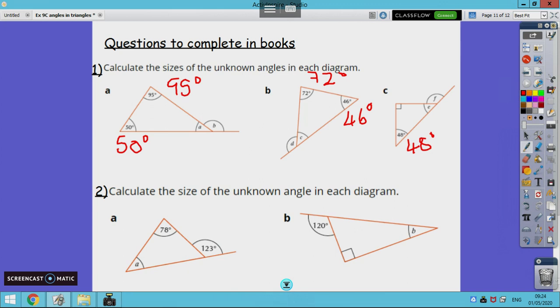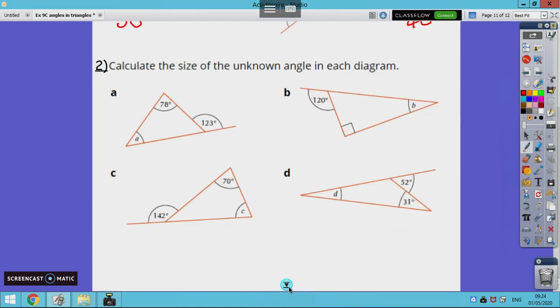So the first 3 questions, 1A, B, and C, are exactly like the example we've just done. Exactly the same. Now question 2 looks similar, but is actually quite different. So I'm actually going to do the first one for you so that we don't have any issues, okay?